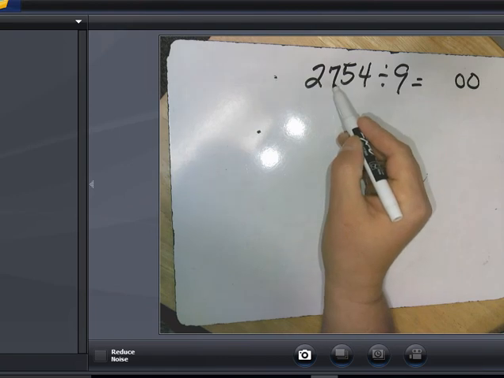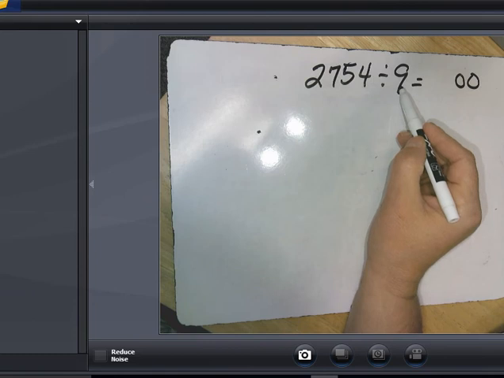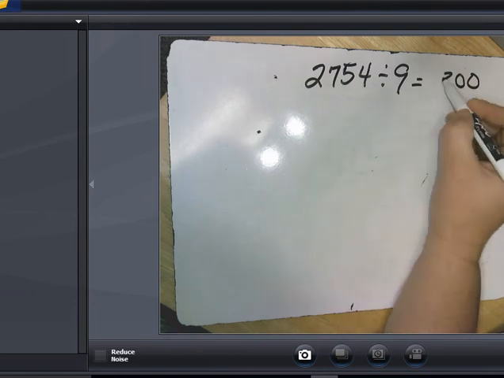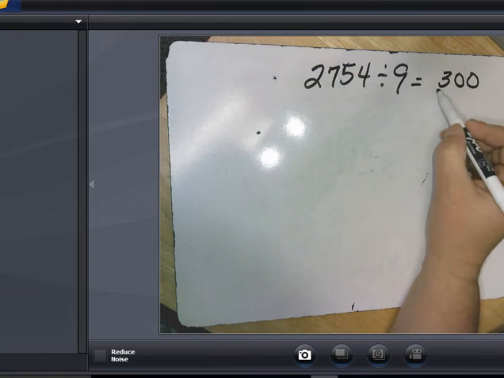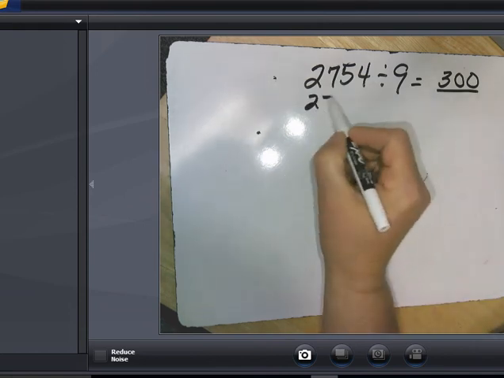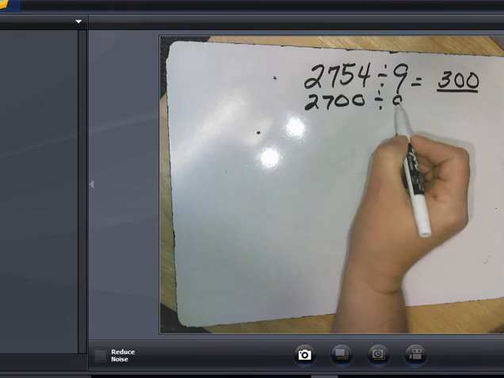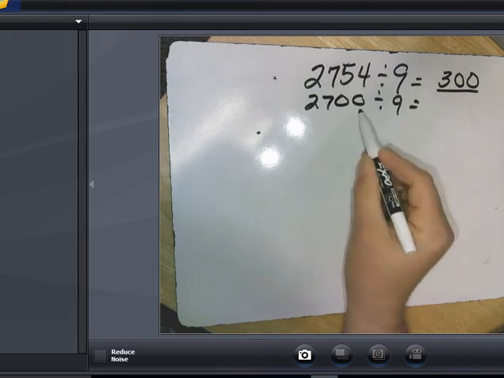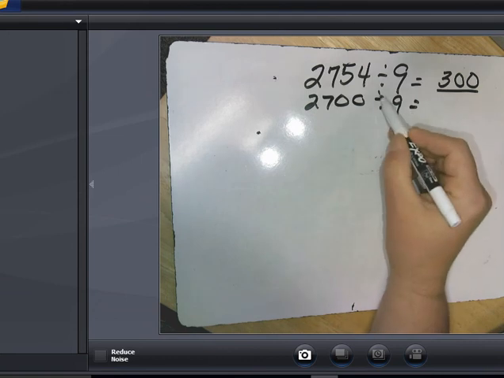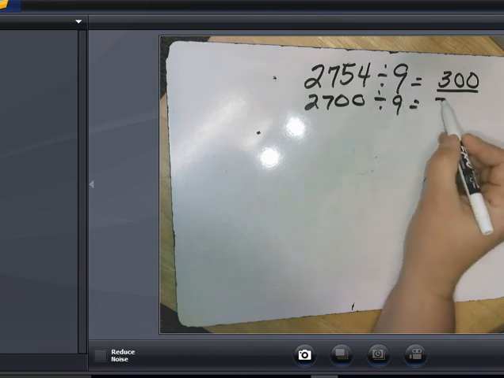Well, it is 27. 9 goes into 27 3 times. So I think I'm going to estimate 3,000. So I rounded it to 2,700, and I divided it by 9 and I got 300.